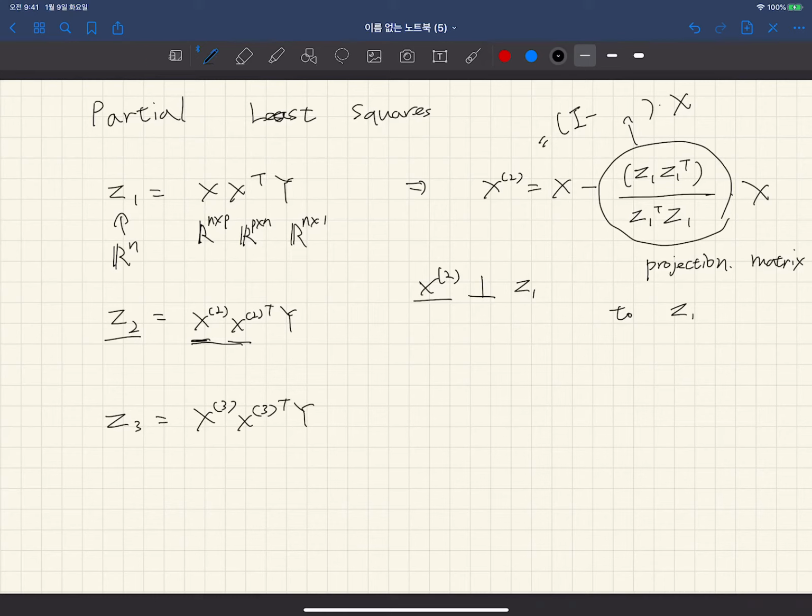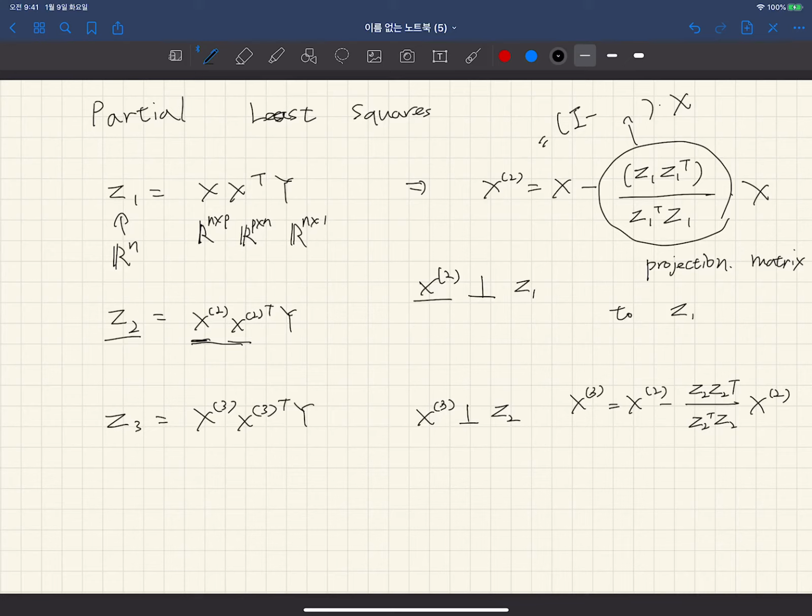Again, we want to make X3 so that it is orthogonal to G2. How can we define the X3 matrix? X3 is equal to X2 minus G2 transpose G2 X2.